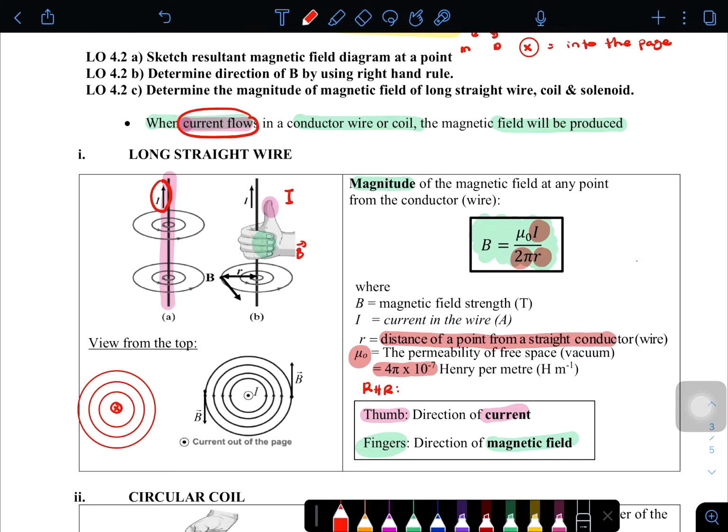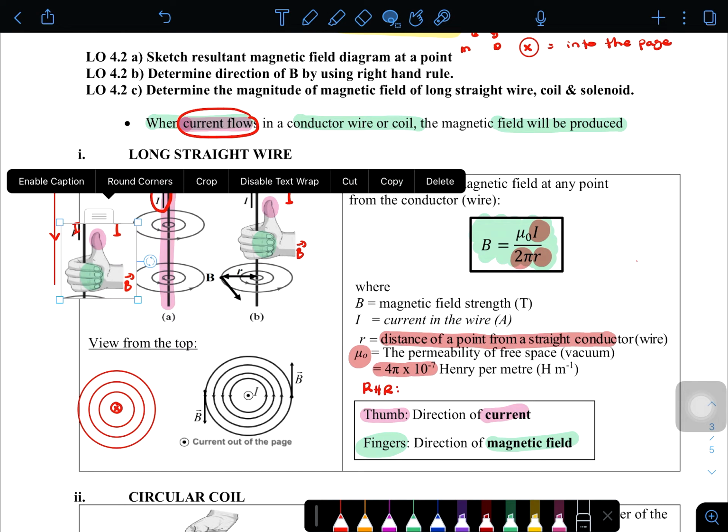Okay, for example, I have current yang flow downwards. Okay, so bila ada current flow downwards, kita ambil saya punya thumb. Okay.